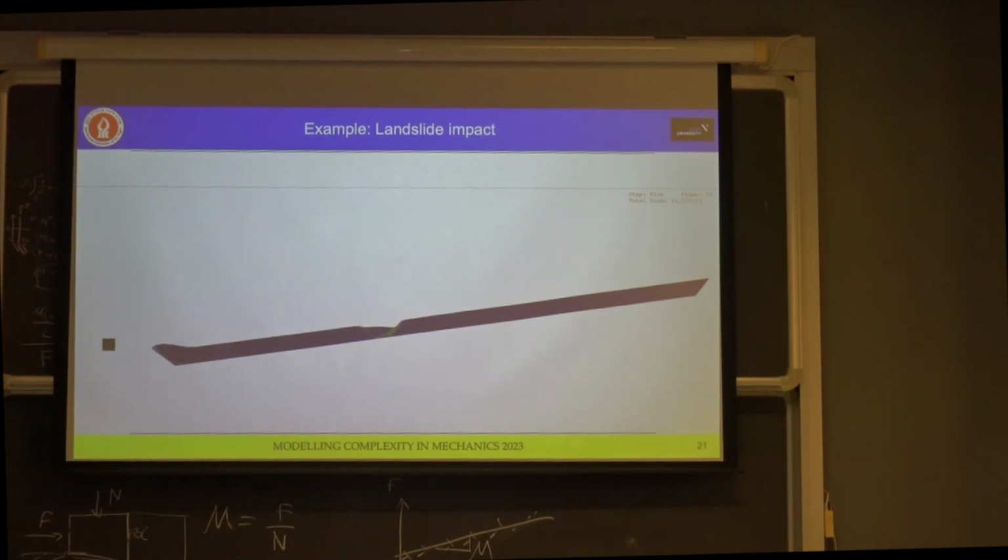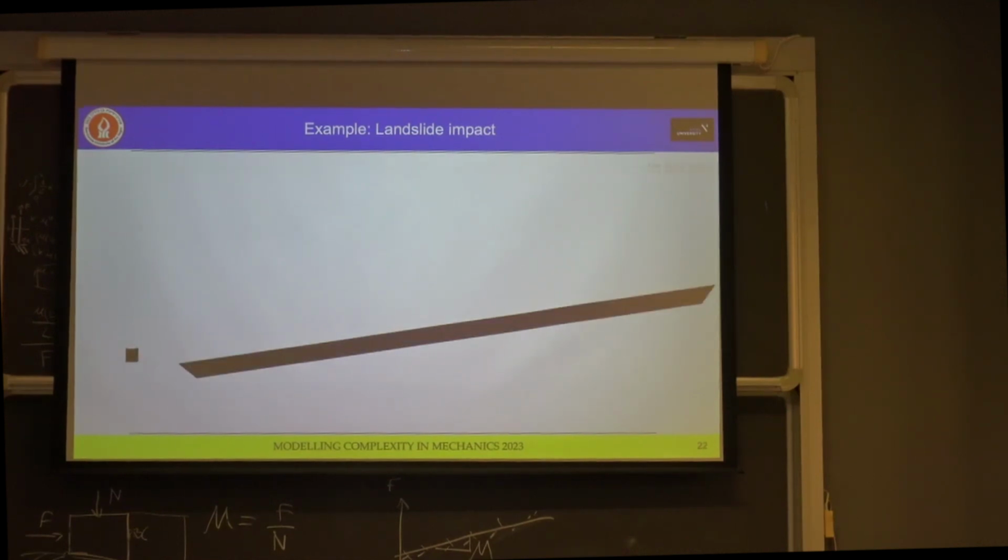Okay, so the one in the bottom, we can see that there is a sliding body. It's the initial slide, but then there is some secondary sliding here. Actually, this pattern is not the same for each case. Each material property may cause some different kind of failure. Okay, so let's see the other one.